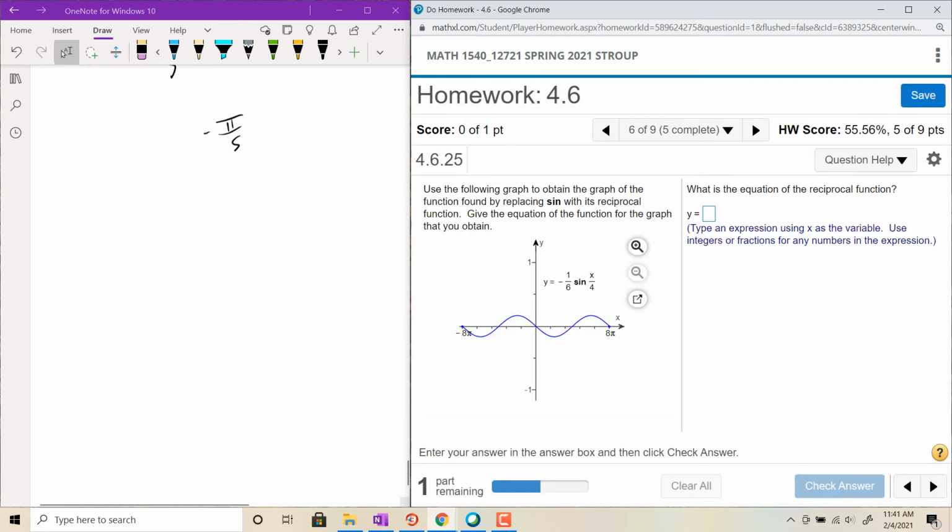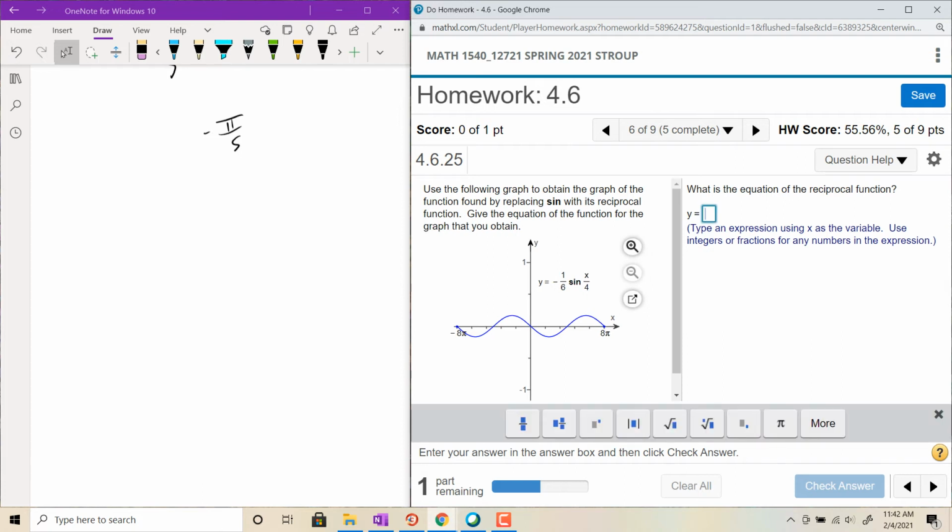Okay. Use a graph. What is the equation of the reciprocal function? So this must be about cosecant. So use a graph of the following to obtain the graph of the function found by replacing sine with its reciprocal function. Give the equation of the function that you obtain. I'm not sure what they mean by this.